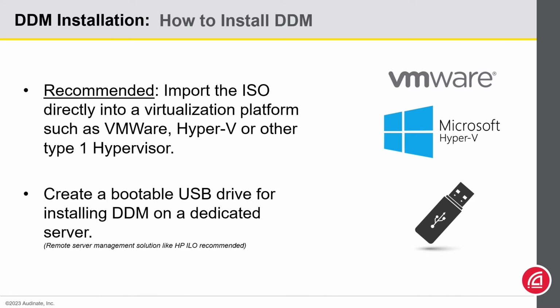The first step of a VM installation would be to directly import the ISO file to the virtualization platform. If you have not done this before, don't worry. We have a short video on how to do it, and you will see that it's extremely simple.